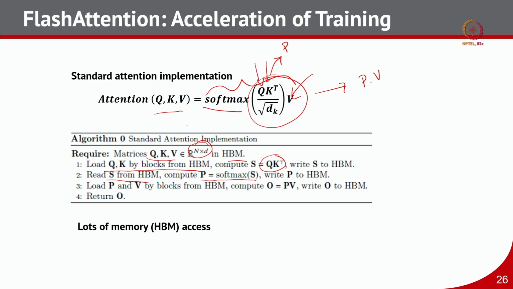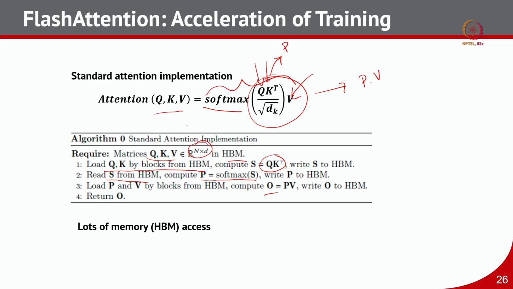We have already written P to the HBM. To perform the matrix multiplication between P and V, we have to load P and V by blocks from HBM. We have to compute O equals PV, because again O is the intermediate values, right. Write O to HBM, return O. So that is the whole process of this attention computation.